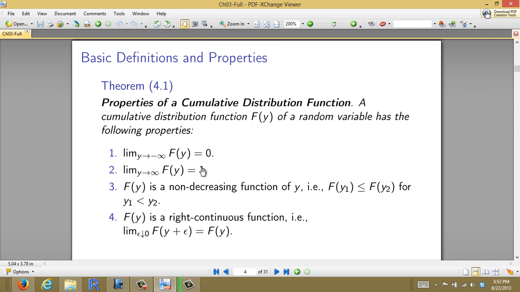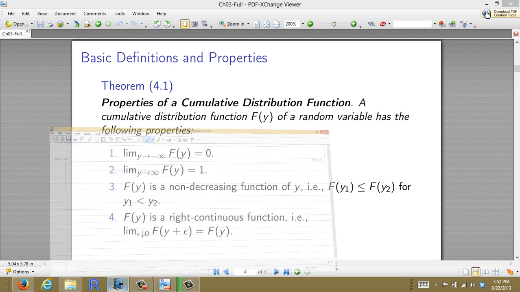Another property of the CDF is that it is a non-decreasing function. So if lowercase y1 is less than lowercase y2, then the value of the CDF evaluated at y1 has to be less than or equal to the CDF evaluated at y2, simply because this event or this probability contains more possible outcomes.